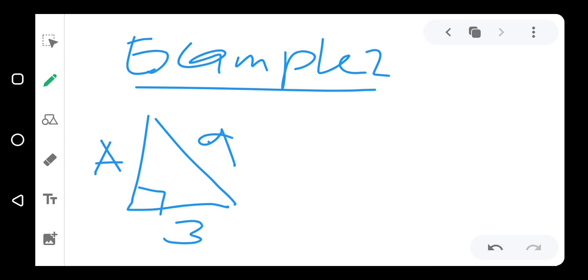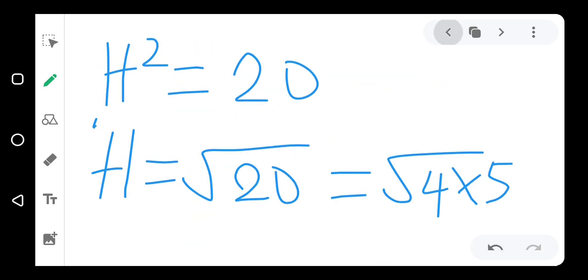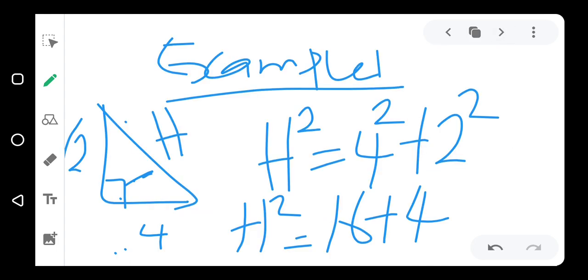Now assuming we are given this in an exam and we are asked to find the value of a, how do we calculate it? In the first one we solved, we calculated the hypotenuse. We were given the adjacents and asked to look for the hypotenuse.